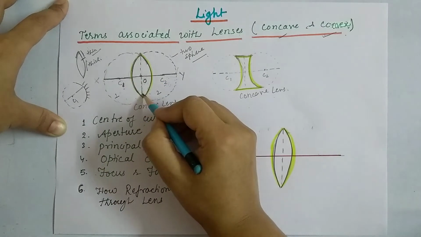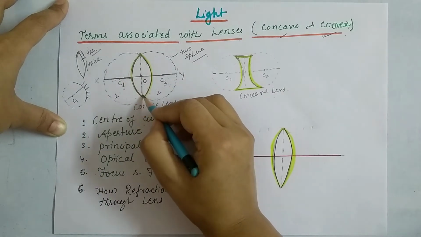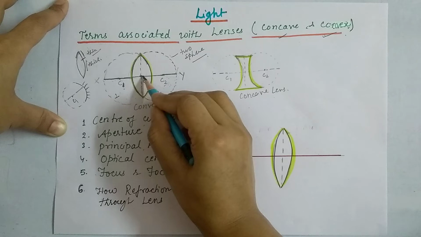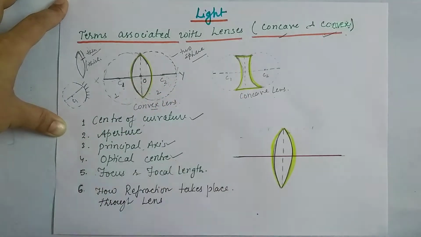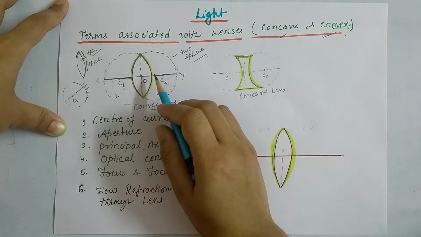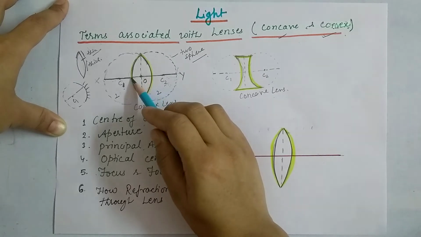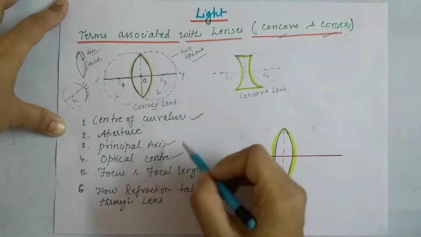In the middle of the line which we draw here, the principal axis, this point is known as the optical center. So we can say that the central point of a lens on its principal axis is called the optical center.